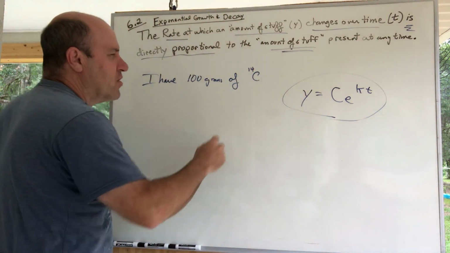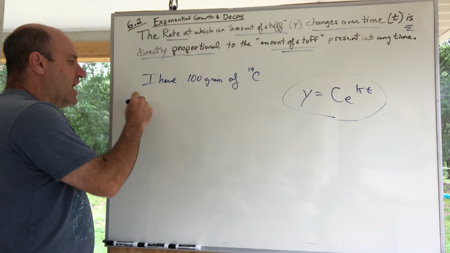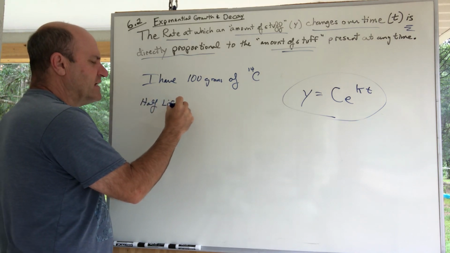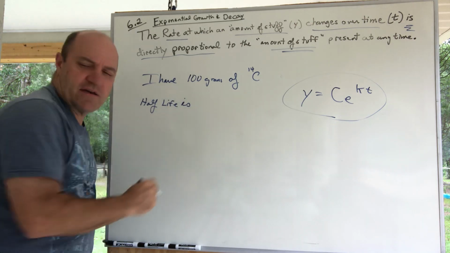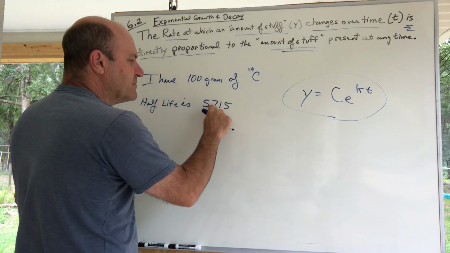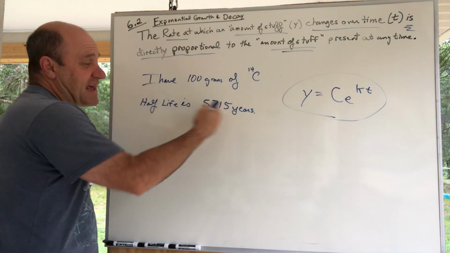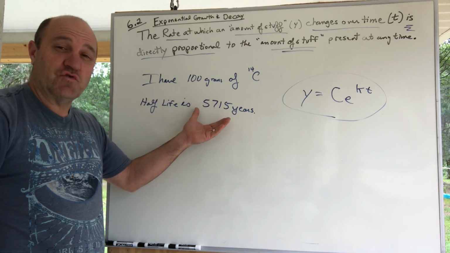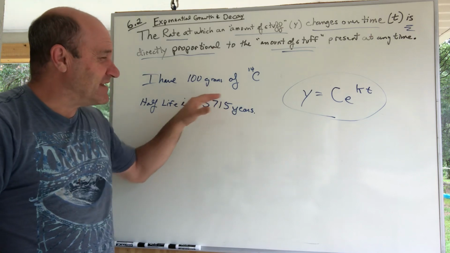I have 100 grams of carbon-14, and the half-life of carbon-14 is 5,715 years. I think different books have slightly different numbers, but that's true. And what does that mean? The half-life means it takes that many years to lose half of this stuff. Remember, this stuff is decaying.